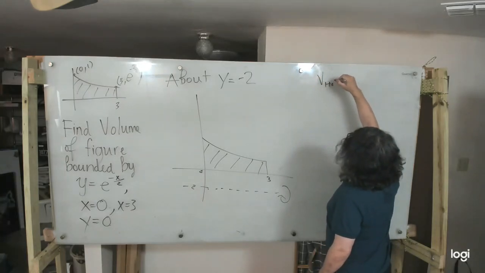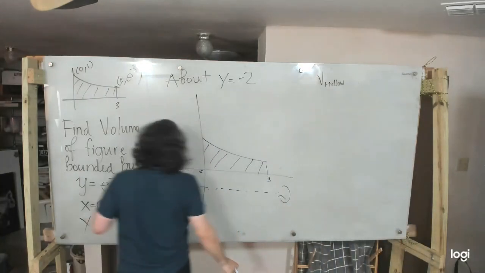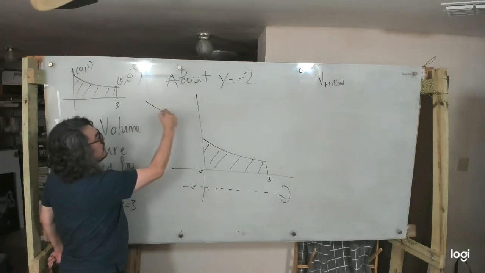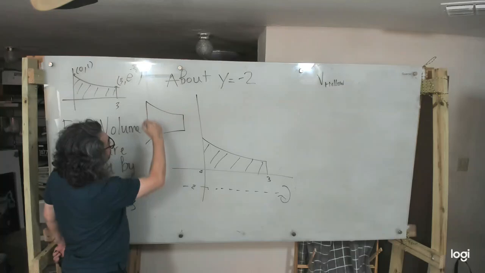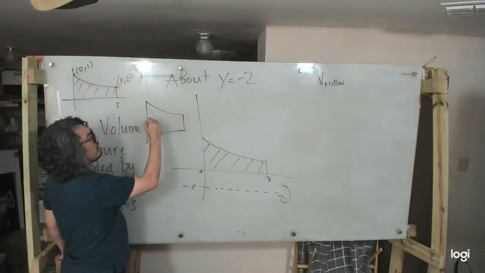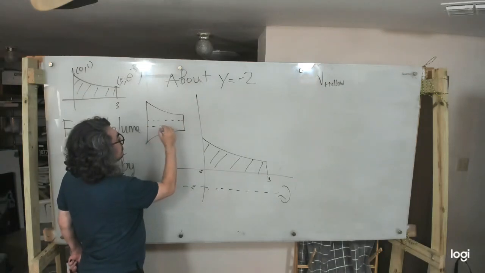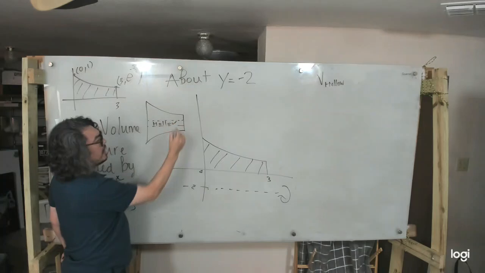Actually, let me just point that out, by the way. You look at this figure and you imagine rotating it. What I want you to realize is that on the outside, it's going to look something like this, okay? And if we were to cut it, we would see that it would have a cross section on the inside. This part here is hollow, and it's a cylinder.